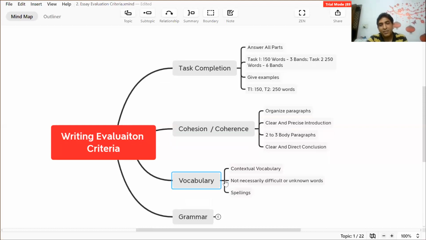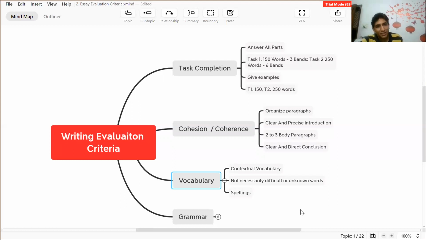The third criterion of evaluation is vocabulary. You're not supposed to use heavy words, but you are supposed to use contextual vocabulary, words which sound very natural in the given context. For example, if the essay is from some academic subject, then words like classroom or curriculum or course structure fall very well.